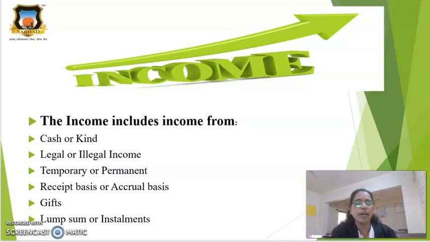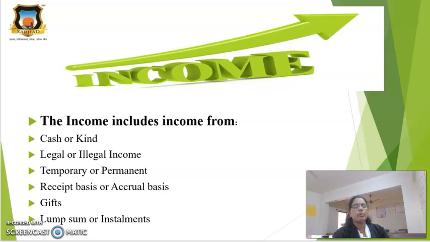Any sum received by the assessee from his employees as a contribution to any provident fund or superannuation fund or any fund set up under the provisions of the Employees State Insurance Act 1948 or any other fund for the welfare of such employees.